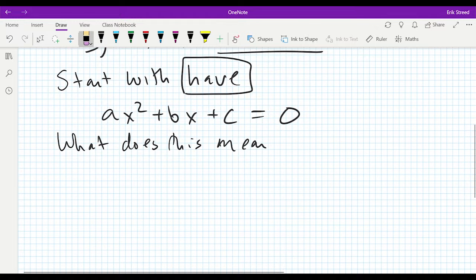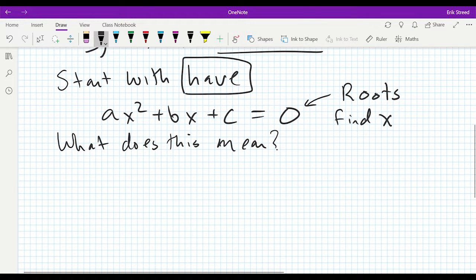This means I have bad, sloppy handwriting, and we will do that over again. So this means that this equation over here goes to 0. So this is looking for roots. And we want to find x.